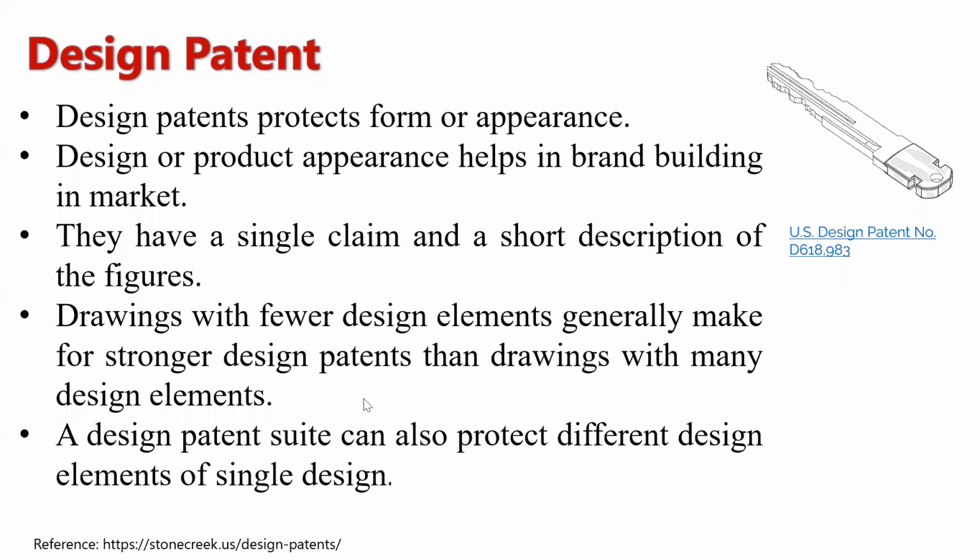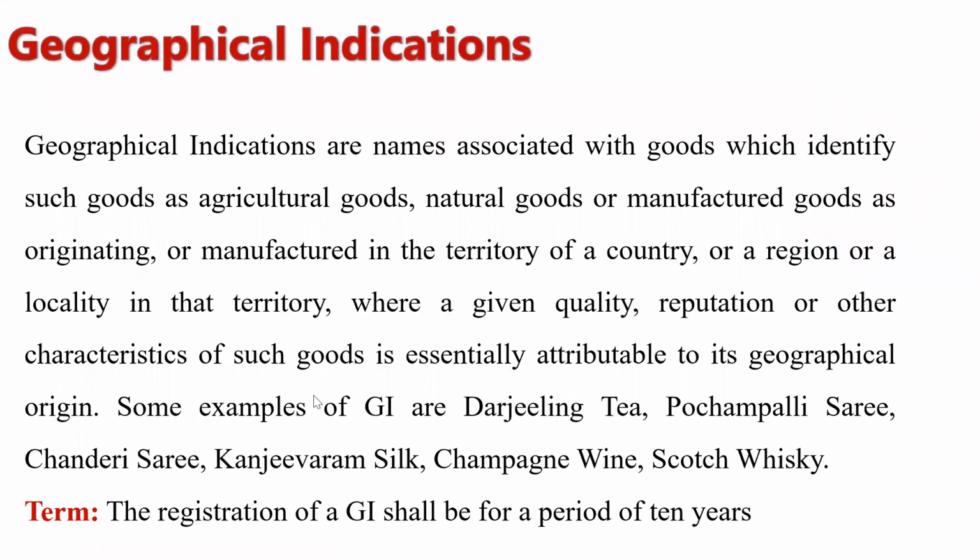Come to the geographical indication. Geographical indication refers to a product that is from a particular specific region, or it has some characteristics, some quality, or some reputation.